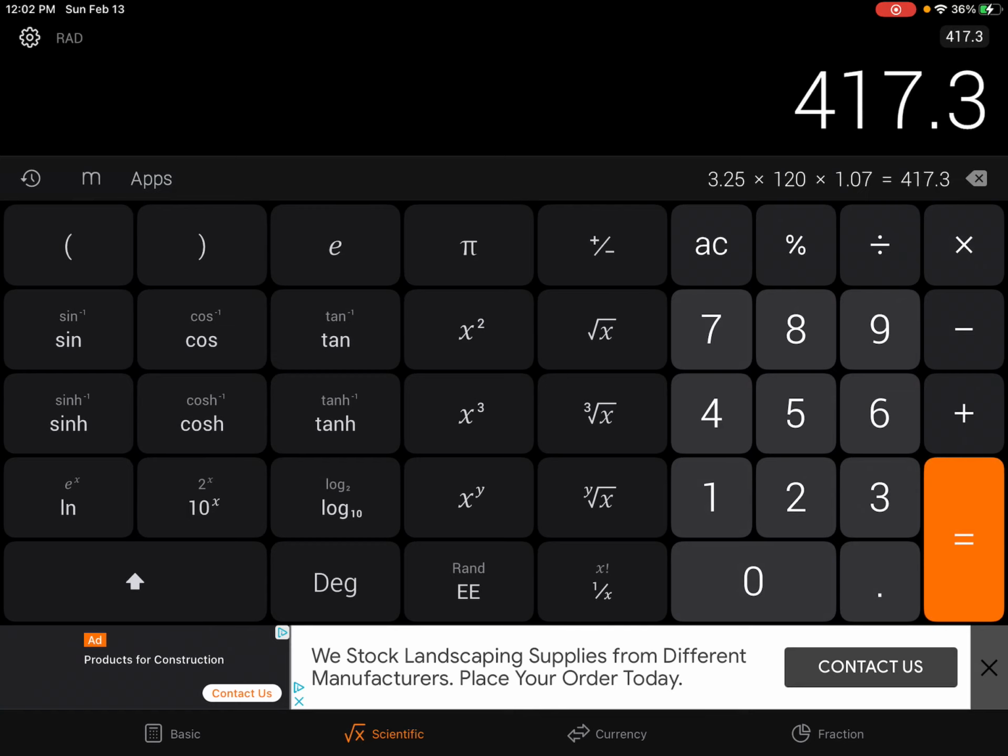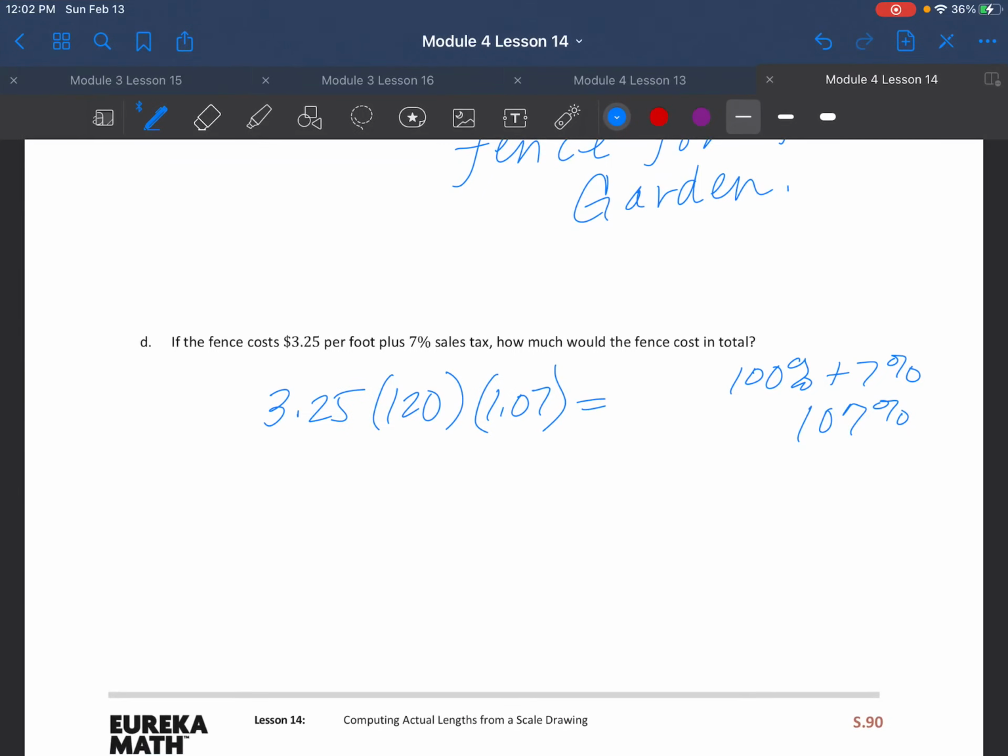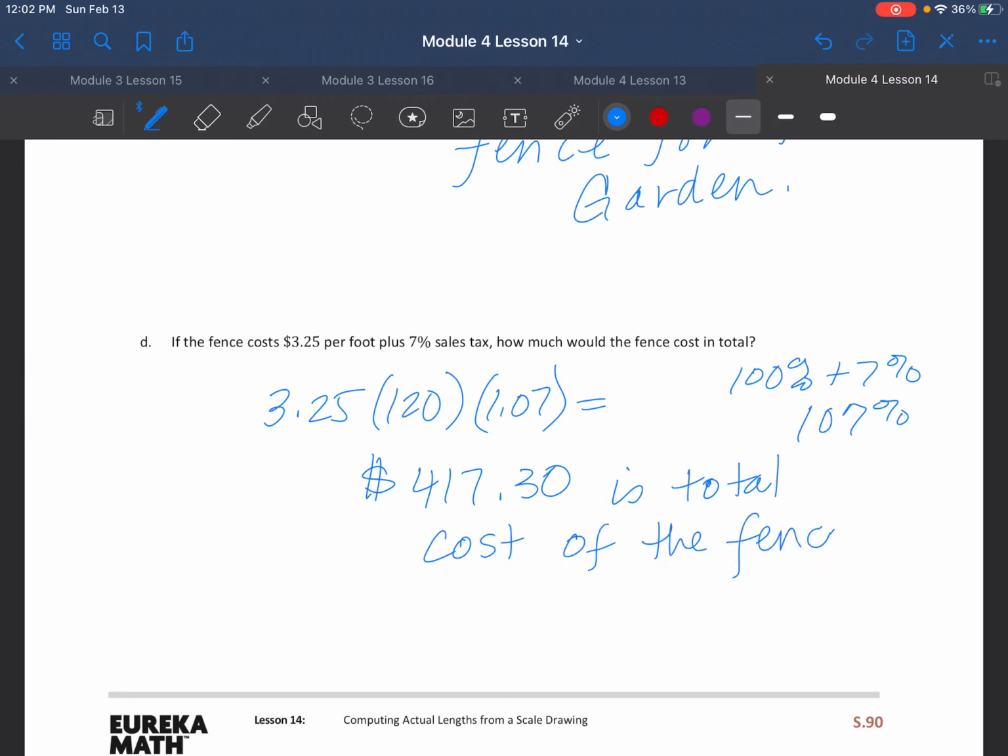So we can multiply that by 1.07. And if we put that all into our calculator, because remember, we can do it at the same time, 3.25 times 120 times 1.07 is equal to $417.30.